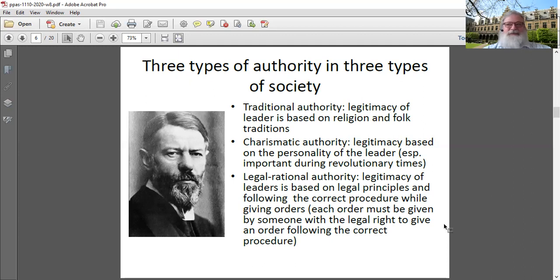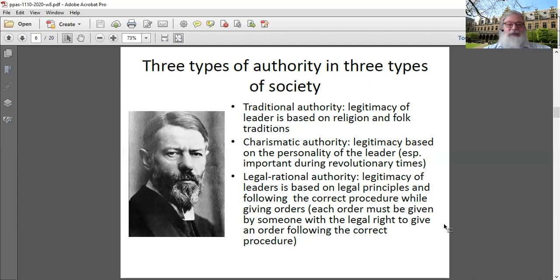Napoleon Bonaparte, and reestablished authority through the legitimacy of something that is truly modern and really associated exclusively with the modern post-Renaissance era, legal, rational authority.